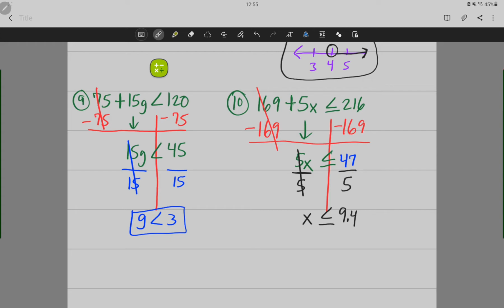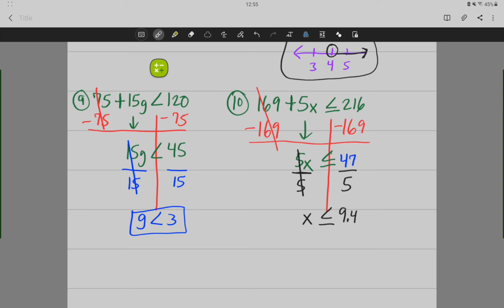But technically this is not our solution. It says, what is the greatest number of ebooks that Nick could have bought? So if you think about it in real life, you cannot buy 0.4 of a book. It's either you bought the book or you didn't buy the book. So we have to round. It's either 9 ebooks or 10 ebooks.